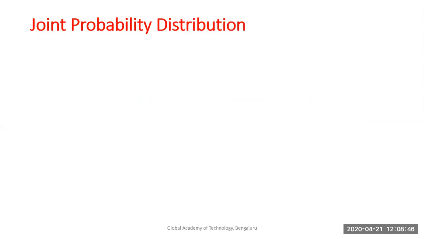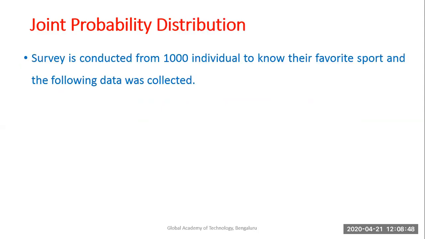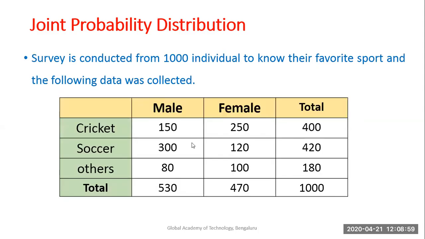Now let us take a scenario. Suppose a survey is conducted among 1000 individuals to know their favorite sport, and the following data is collected. Among the 1000 individuals, 530 are male and 470 are female.